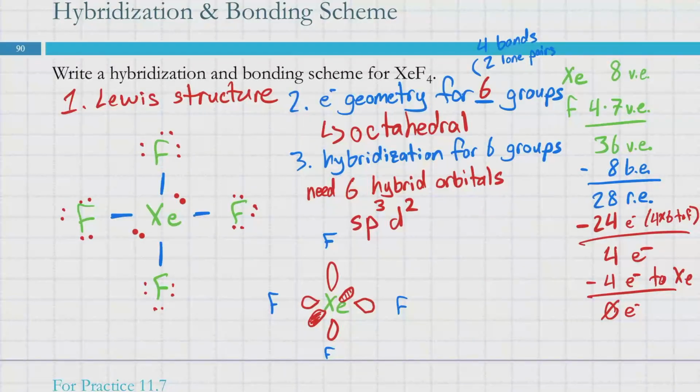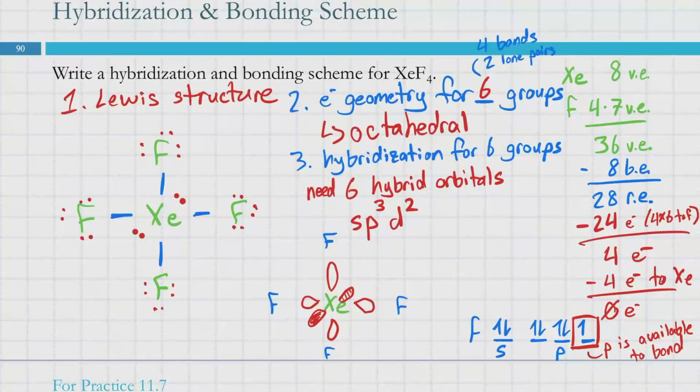The reason that it's P is if we look at an orbital diagram for fluorine, it's going to look like this, S and P. And in valence bond theory, the unpaired electrons can bond. So P is available to bond. So that's why it's a p orbital rather than an s orbital.